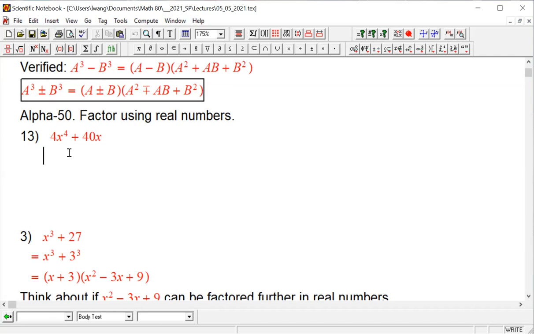Okay, let's see what we get. We can factor out the 4x. If we factor out the 4x, what do we have left? We have x raised to the power 3 plus 10. Am I right?